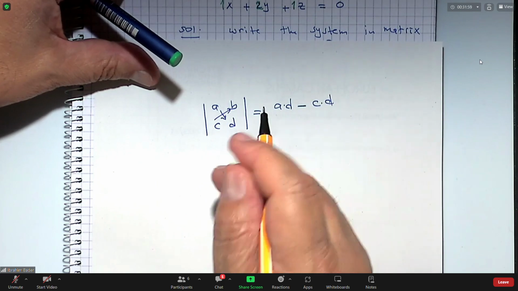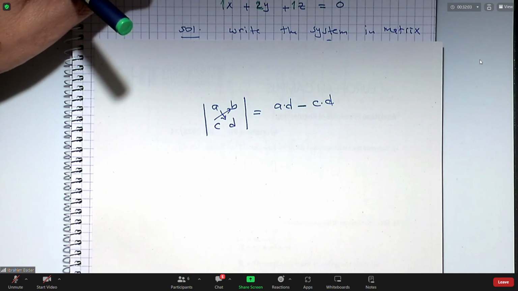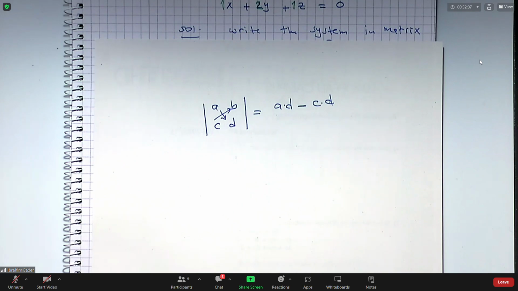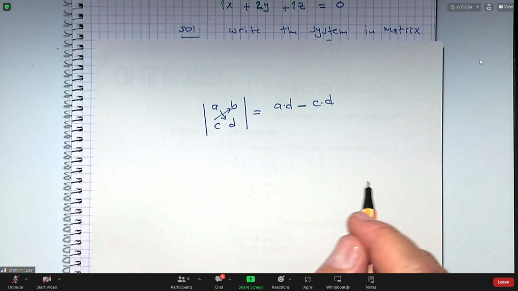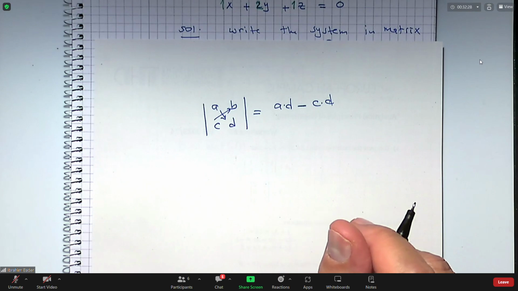And this is one of the methods to evaluate the 3 by 3 determinant. We spent a class when we talked about cross multiplication or cross product of vectors. And I showed you 2 methods there. One of them is the Leibniz method, and the other was the diagonals, adding 2 columns.